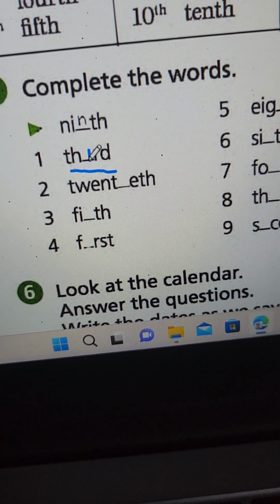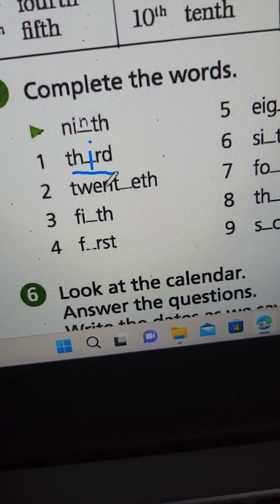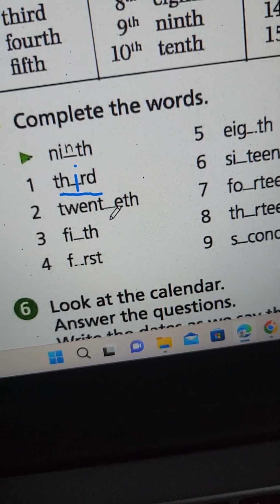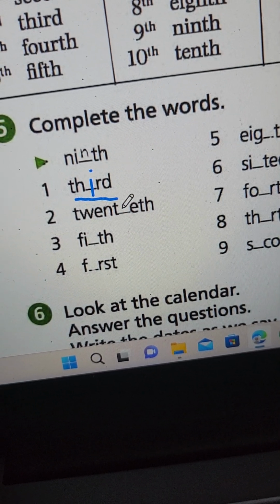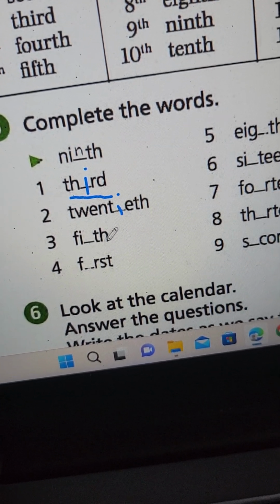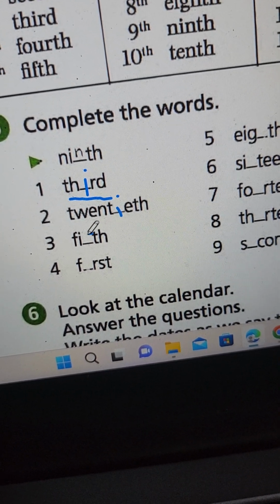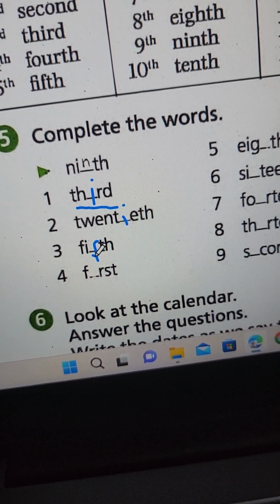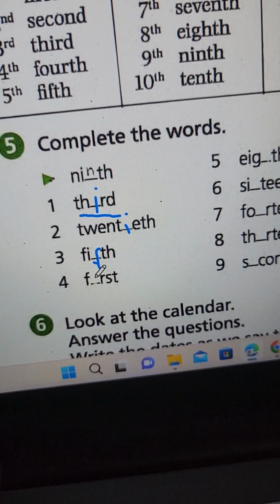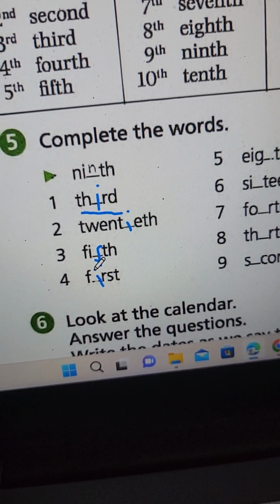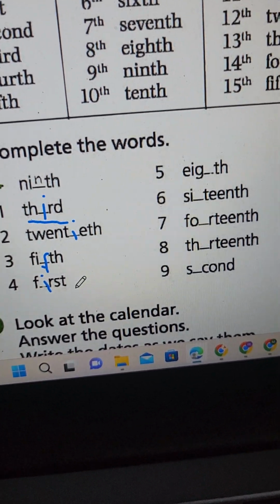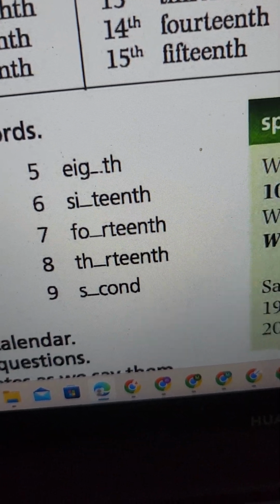So third is I. Good. 20th. I. Fifth. F. First. I. That's correct. Let's go.